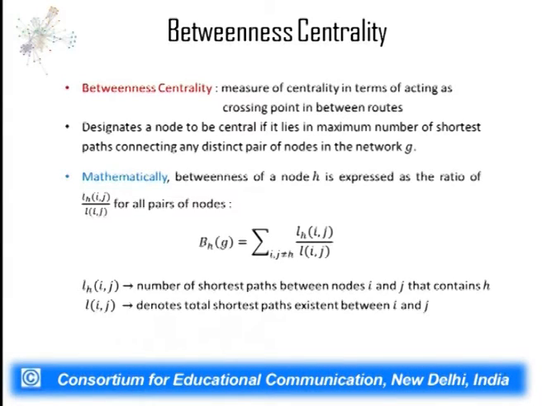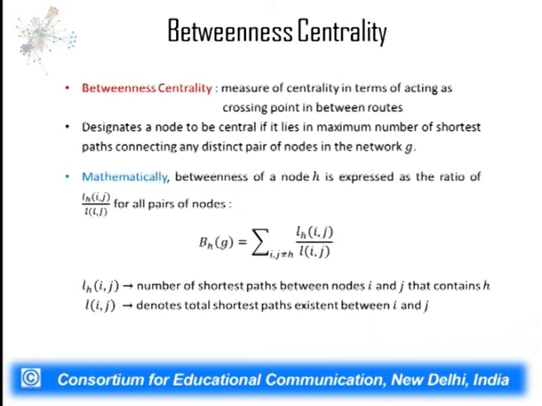Mathematically, it can be stated by this formula. Again, this is the unnormalized one. We will come across the normalized one also. Here L_ij is a new symbol that we are getting. L_ij is simple. It denotes the total shortest paths existent between i and j. Remember, not the total of all the shortest paths, only the total of shortest paths between a particular pair.